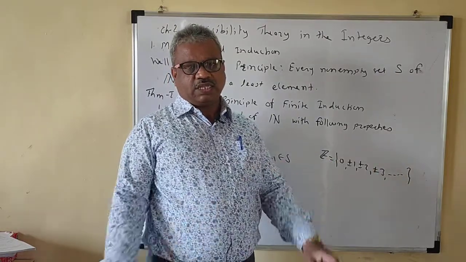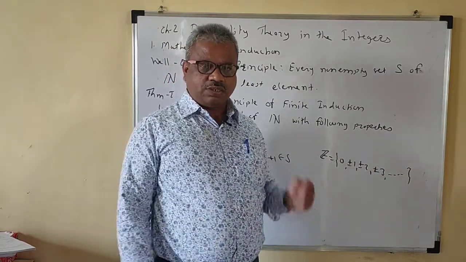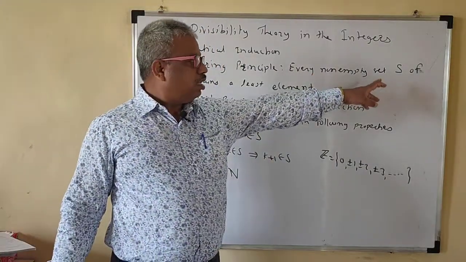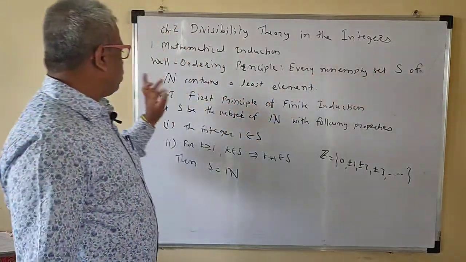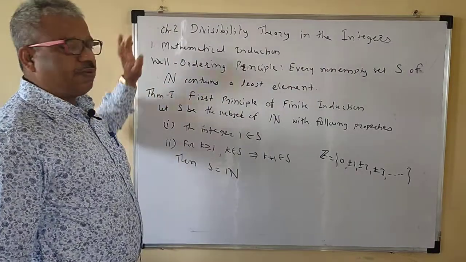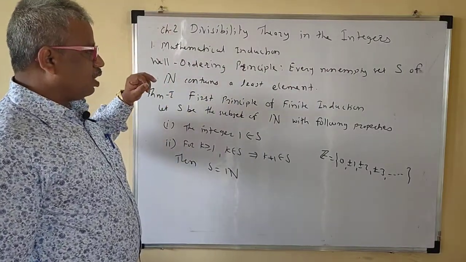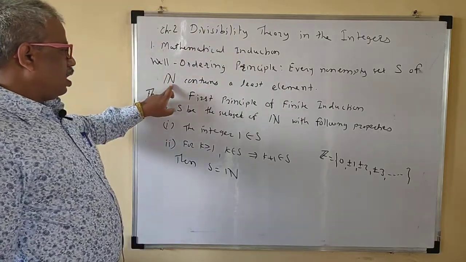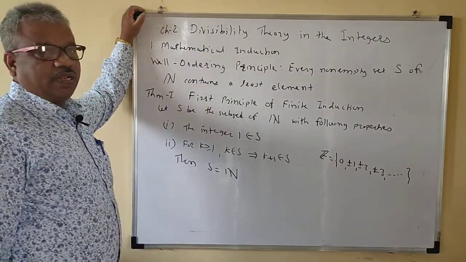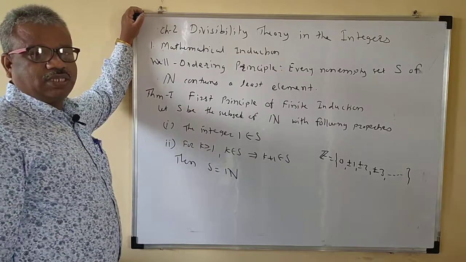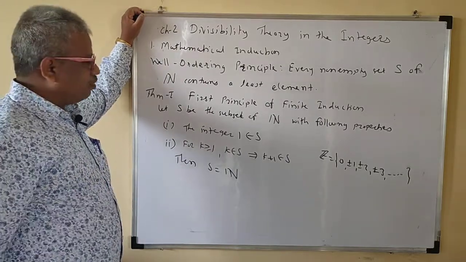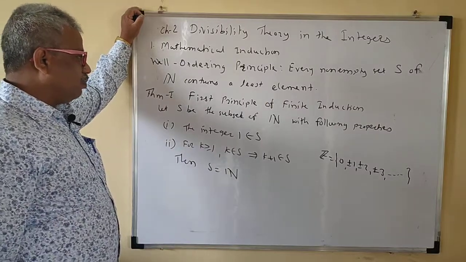The set of natural numbers is nothing but the set of positive integers. Every non-empty set S of N contains a least element. That means every subset of the natural numbers has a least element, the smallest element. That is the well ordering principle.